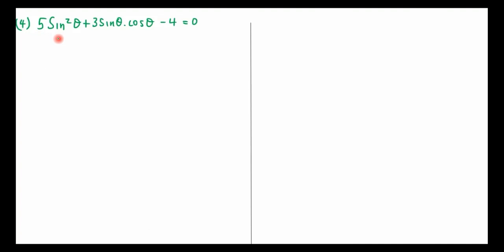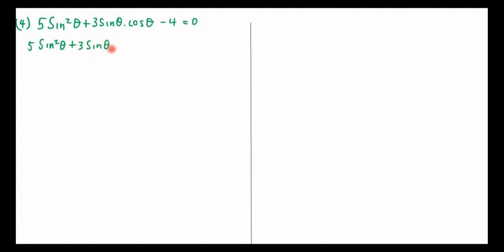So what does this mean? If you have something like that, it means this is supposed to be a trinomial, right? In the sense that this first term must contain sine squared, and this last term must contain cos squared. Now how do we change this one and write it so that it contains cos squared? So basically what we're going to do here is first change 4 and write it as 4 times 1.